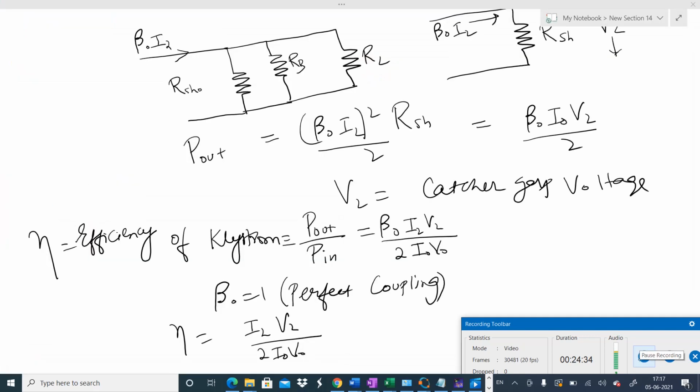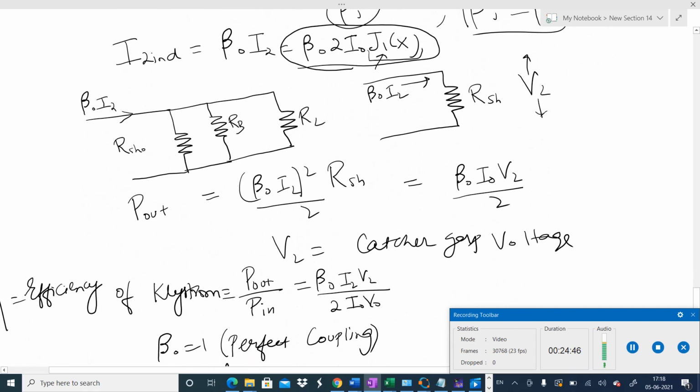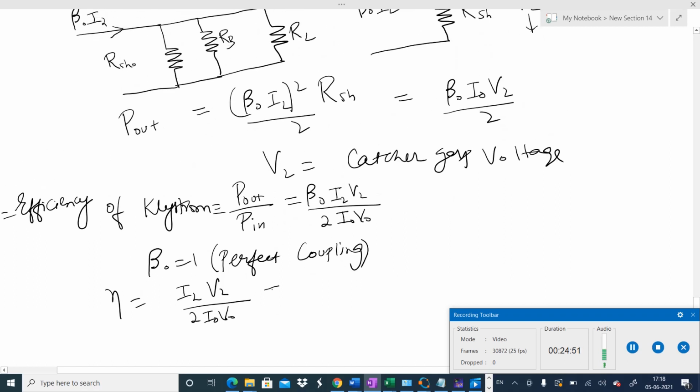0.5816. Now if I want to compute the maximum efficiency, you see the current is defined as beta naught 2 I naught times J1 of x. So we take the maximum value of J1 of x, which is 0.582. So this eta will be I2 equal to 2 I naught times J1, taking the maximum value 0.582.